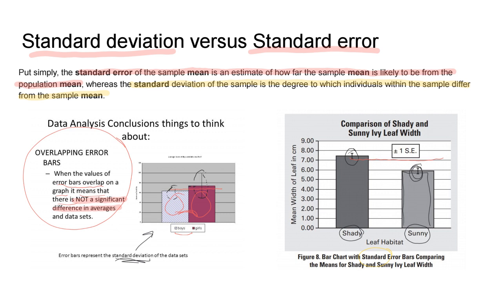If, for example, the standard deviation for this one was actually like this, and when we draw our line across from the one error bar, now it is overlapping. If it was overlapping like this, then it would mean that these two are not significantly different from each other, and that the differences in the means are actually due to random chance.